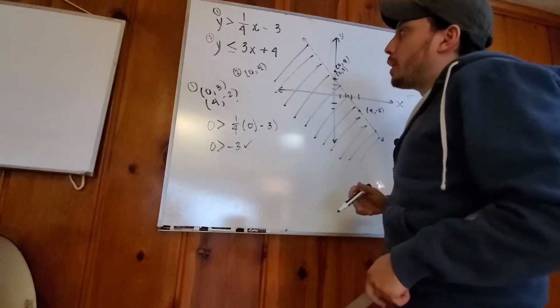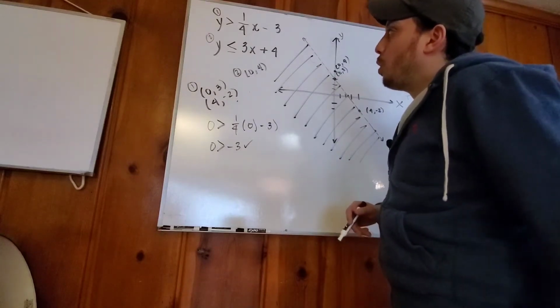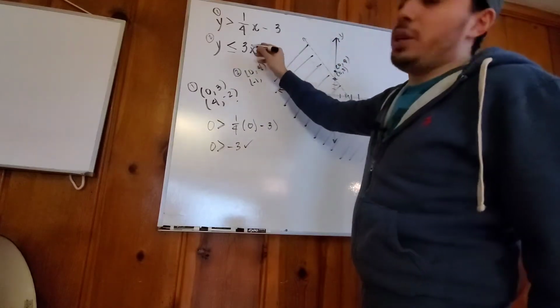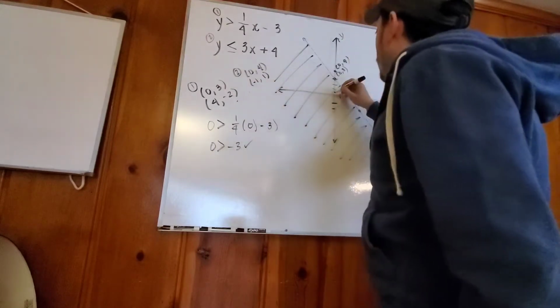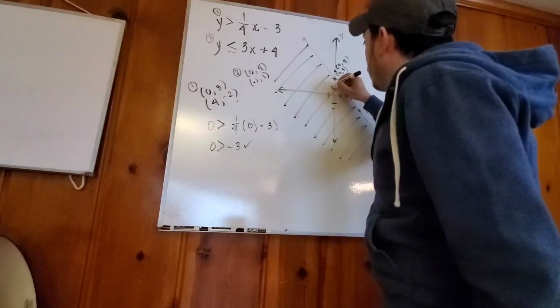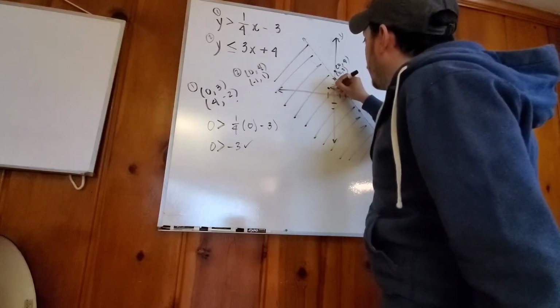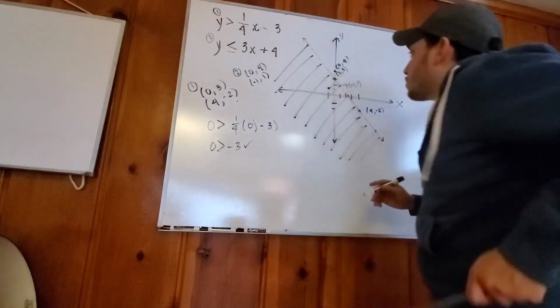I'm going to use negative 1. 3 times negative 1 is negative 3, plus 4 is 1. So negative 1, 1. Right here, this point is (-1, 1).